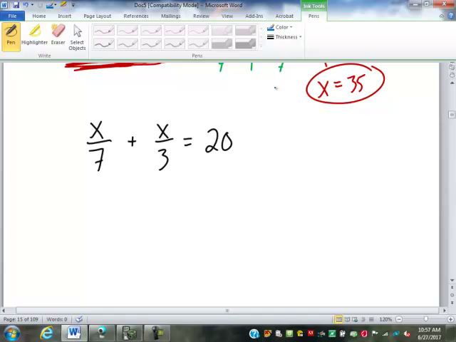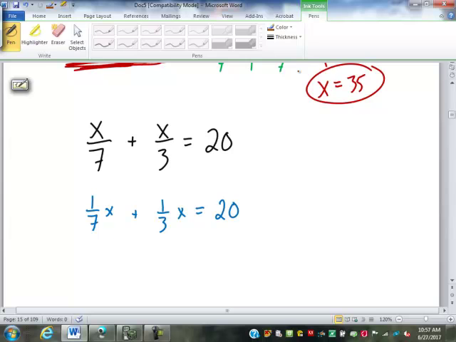Well, here we can't think about it as being divided by, because x would be divided by 7 and it would be divided by 3. That wouldn't make a whole lot of sense. So it's easier to think of it as 1/7 x plus 1/3 x equals 20.